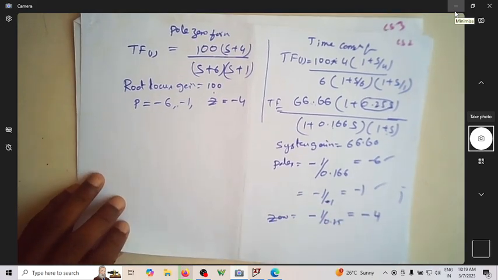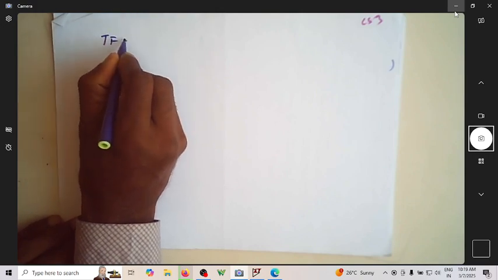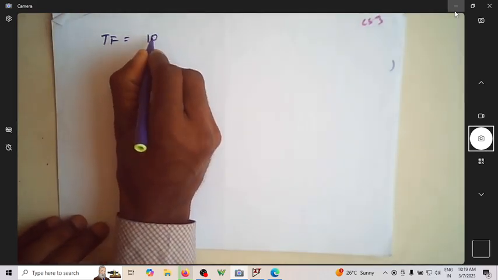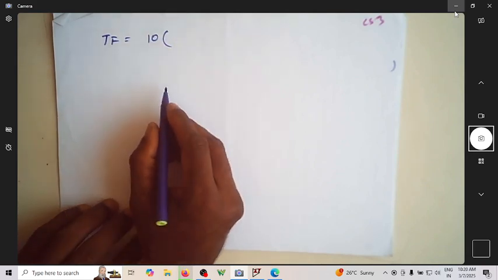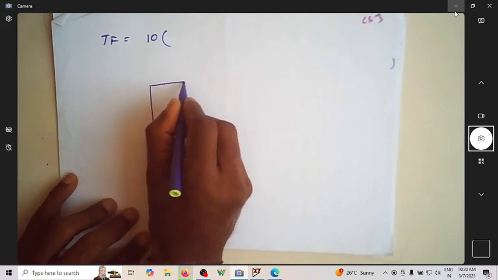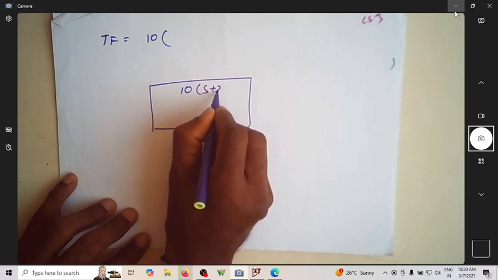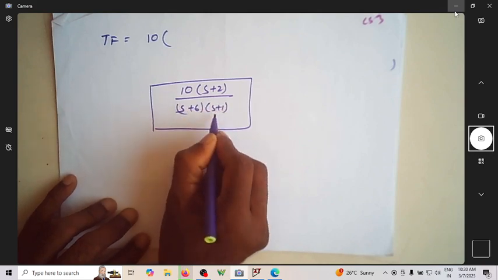So once we are done with this, let us see what happens to a transfer function. Assume that I have a transfer function. Let us stick to the pole zero form of representation. Let me take a block which has 10 into (s plus 2) by (s plus 6) and (s plus 1).